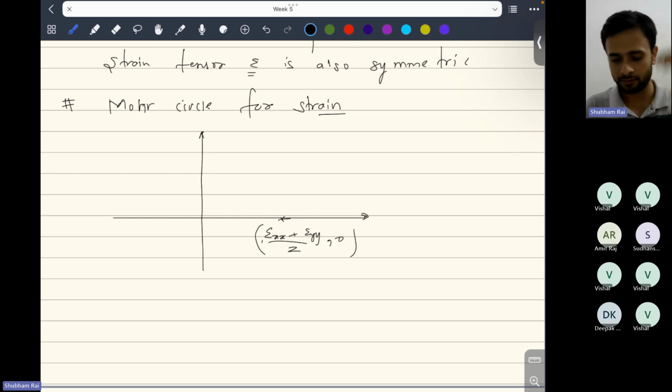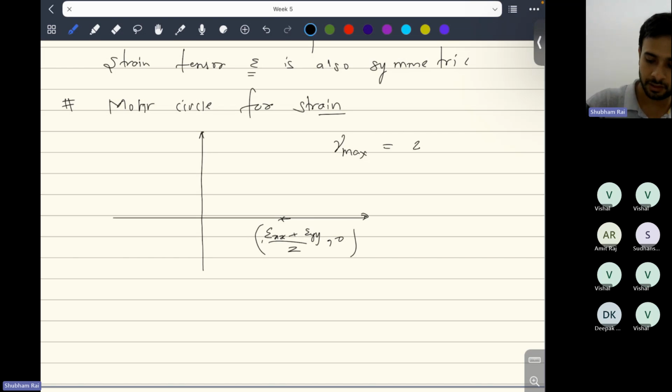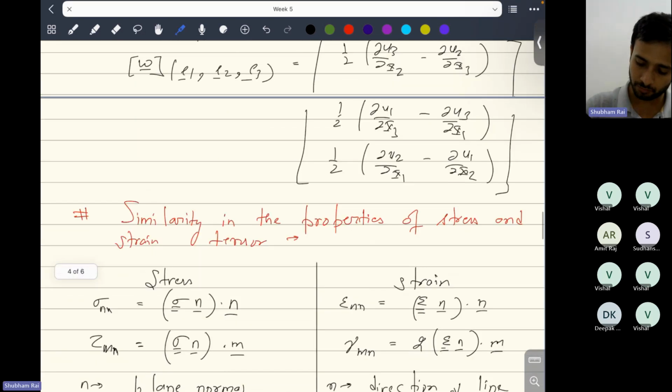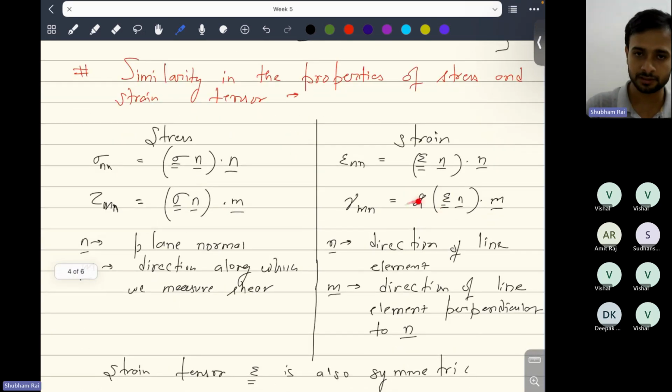Epsilon xx and epsilon yy are the longitudinal strains in the x and y directions respectively. And the maximum shear strain is given by double the radius, because this axis is half of shear strain and this axis is the normal strain, right? This is half because in this formula, if you compare, a double is coming.